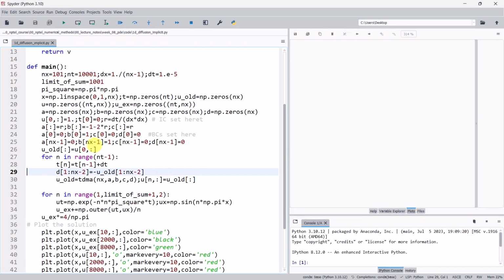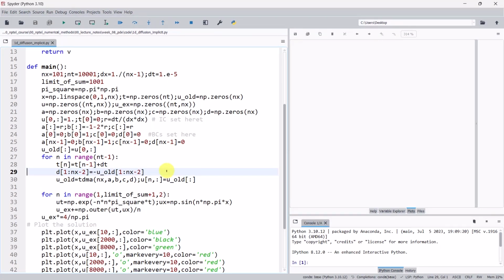My ABC is set once, and I will not change them again, because in this particular case ABC are constant. If ABC are functions of u or x or something, then you may have to update them, but you will not update them here. Therefore, I have set up my D here, so my A, B, C, D are known.